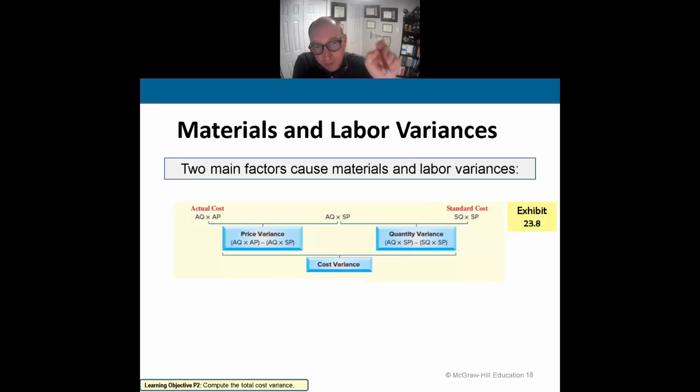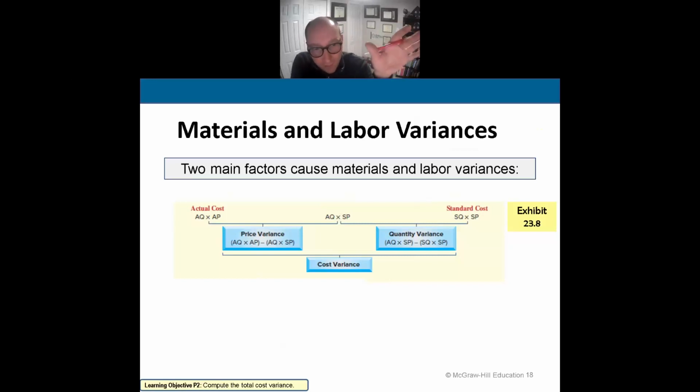It's usually a difference in price and or a difference in quantity. Either a difference in price or a difference in quantity is going to cause the variance. So we need to figure out the variance in price and the variance in quantity.